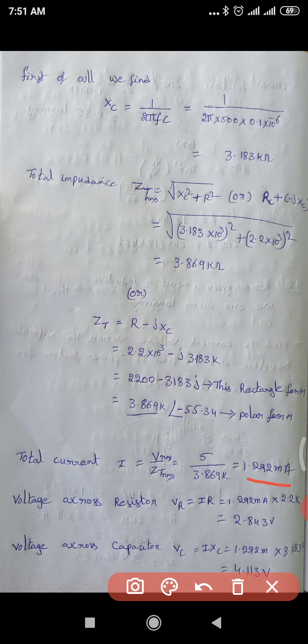Now we have to calculate the voltage across the resistor and the voltage across the capacitor. We do this by directly applying Ohm's law. V is equal to I into R. Here VR is equal to I into R.